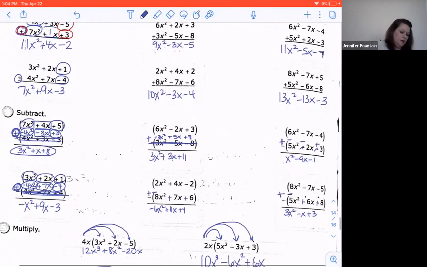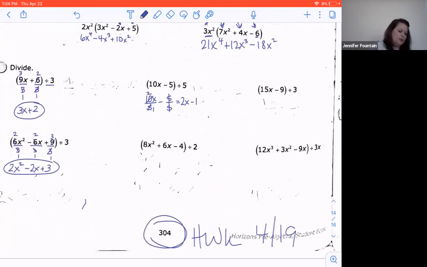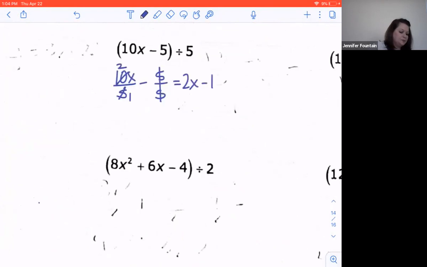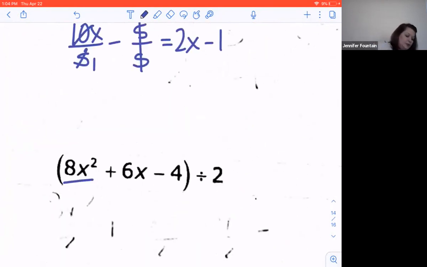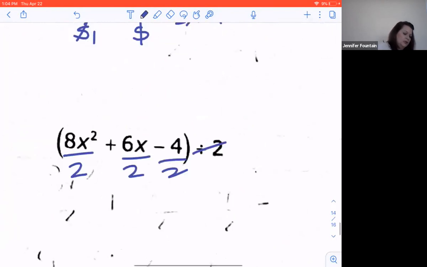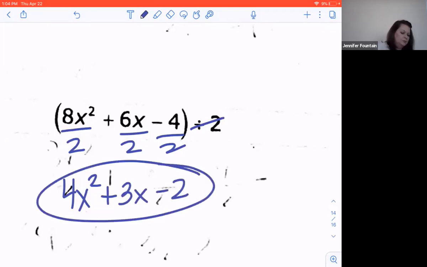Awesome. And let's go to our final, which was division. We talked about how we would set these up as a fraction. So here I'm going to divide by 2, divide by 2, divide by 2. So 8x squared divided by 2 is 4x squared plus 6x divided by 2 will be 3x, and negative 4 divided by 2 is negative 2.